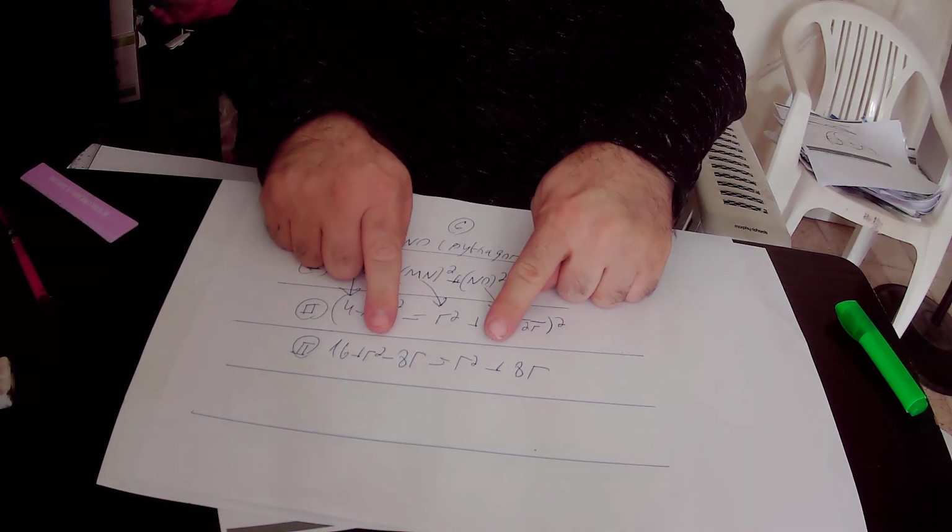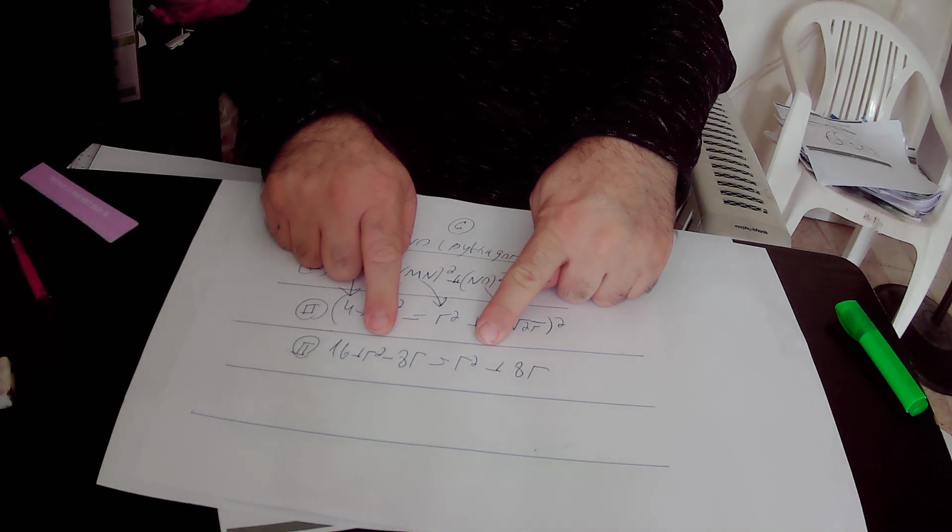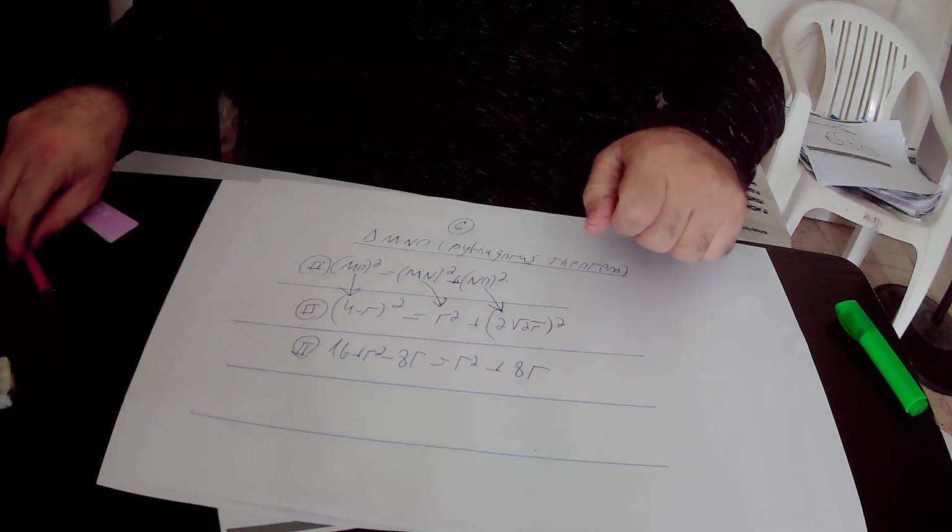Here we have r square on both sides of equation number 2, so r square will get cancelled.